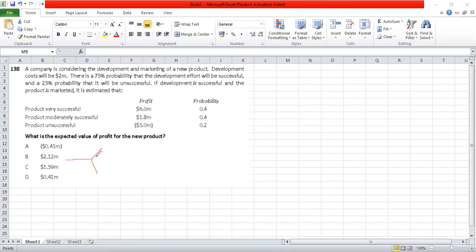So the probability is 75% here that it would become successful. Unsuccessful is 0.25.